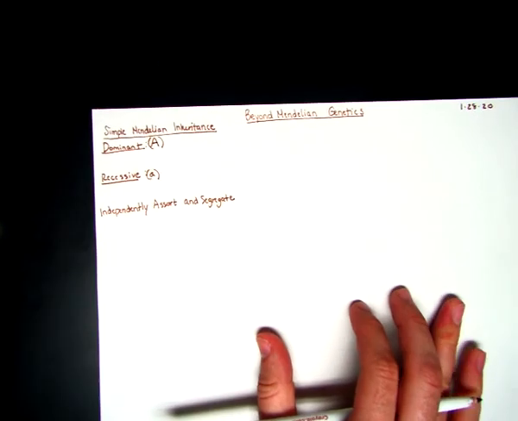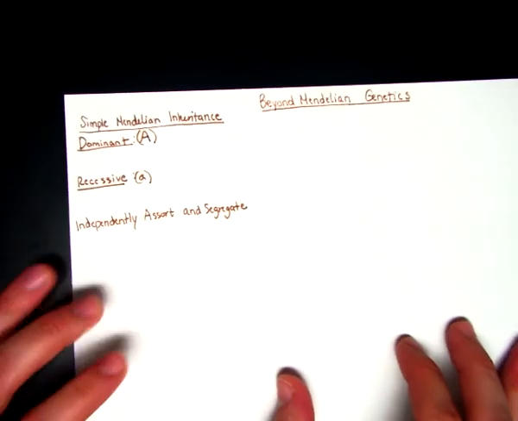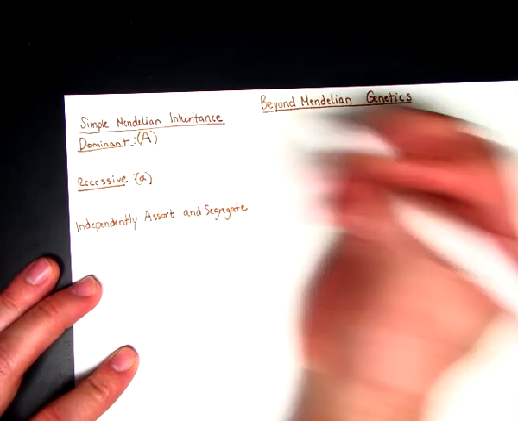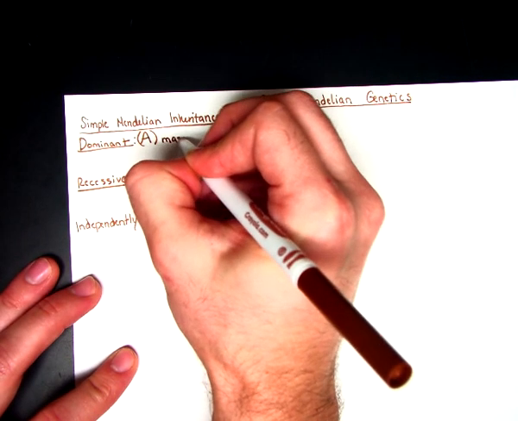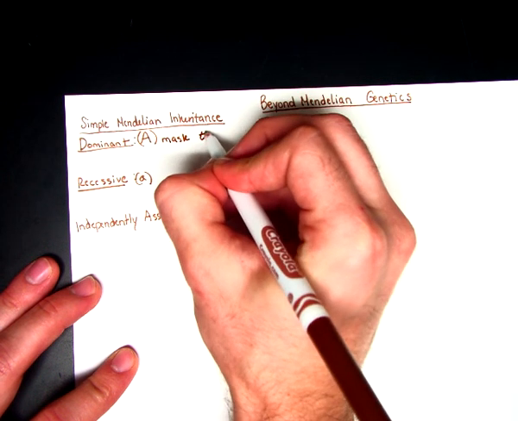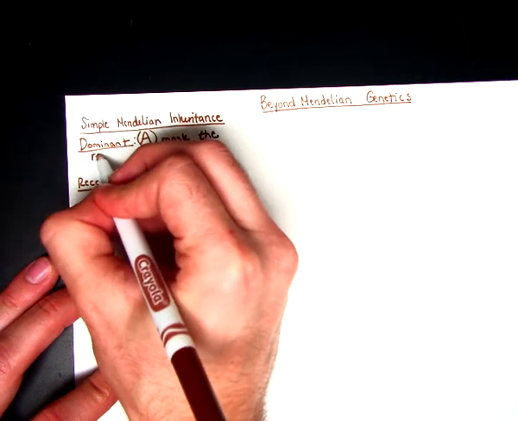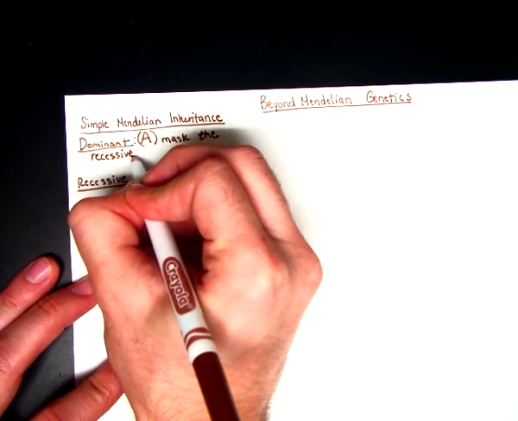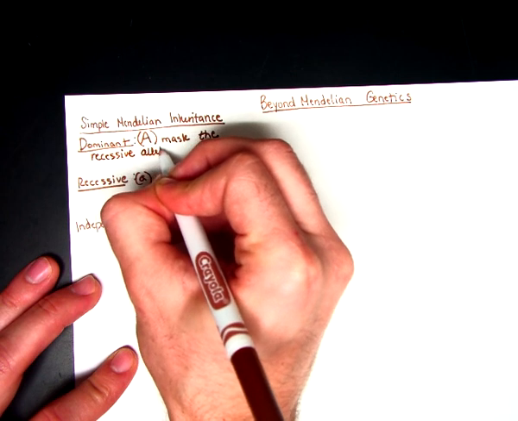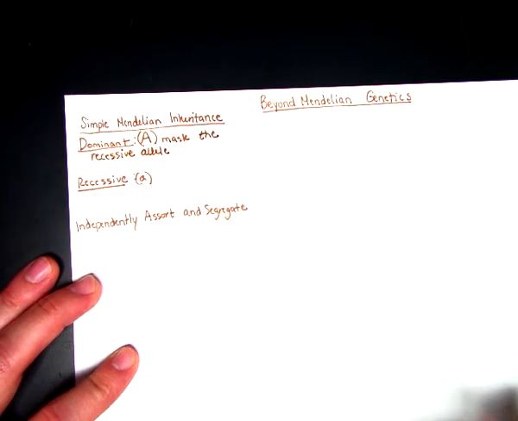Right, so he had those two laws of independent assortment and segregation, but these dominant and recessive traits, he said, if you have a dominant form of the trait, you mask the recessive allele, as in the case of a heterozygote.